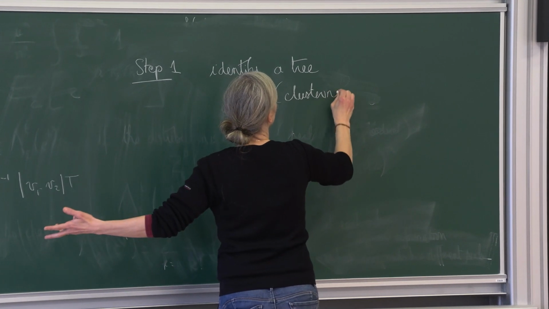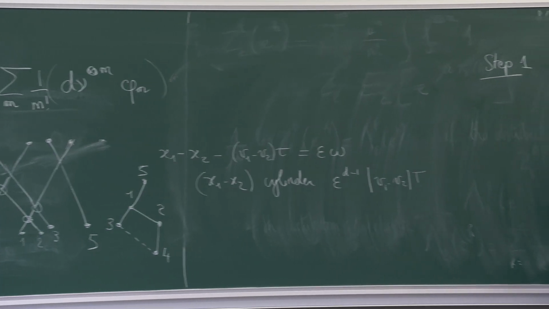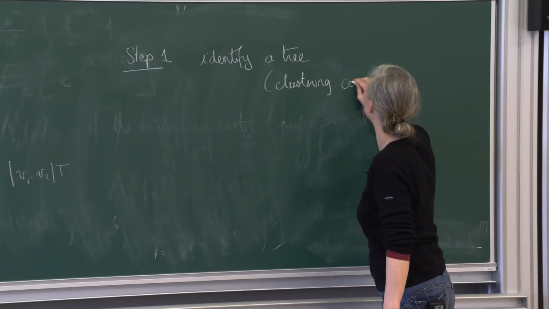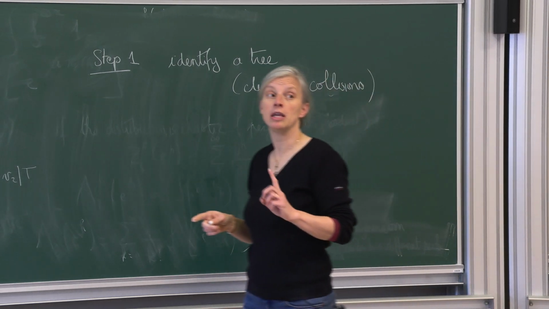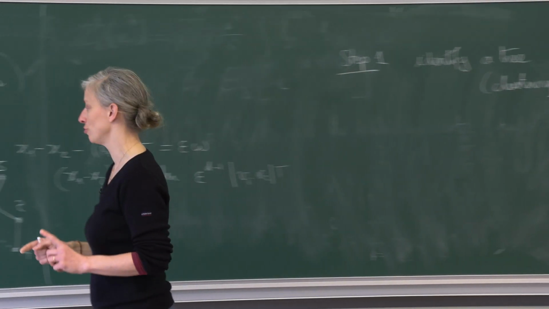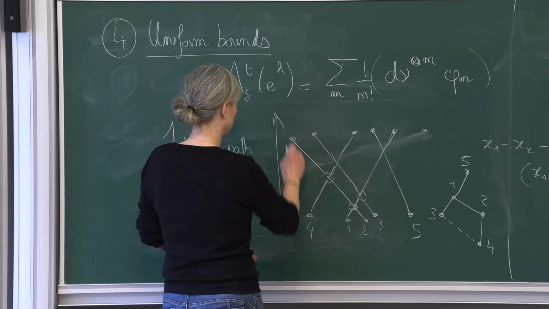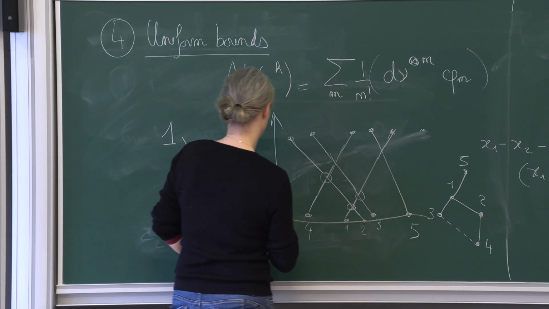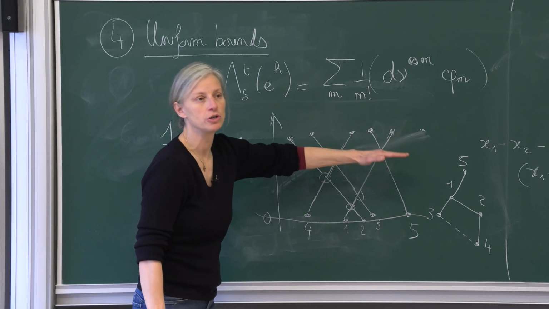Each time you add a new particle, you have a new cluster in the graph. And for collisions, it's really important that you proceed in this order. So you start at time 0 here, and you really proceed this way. You look at the first collision, the second collision, and the third collision.